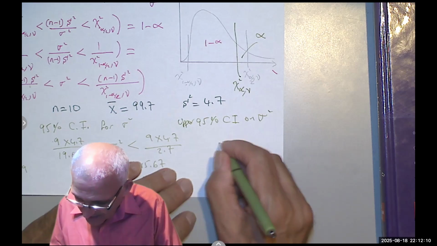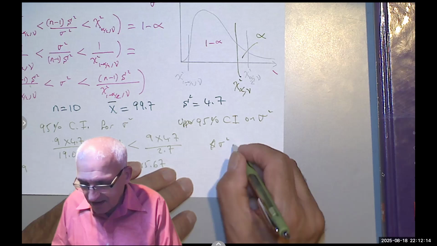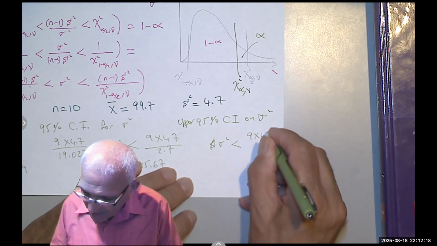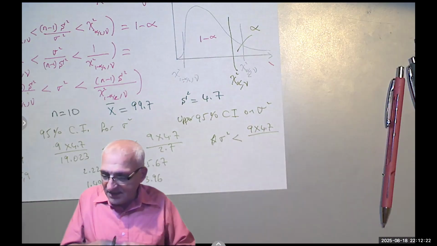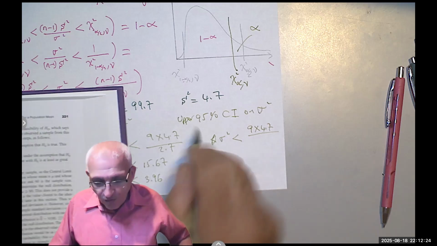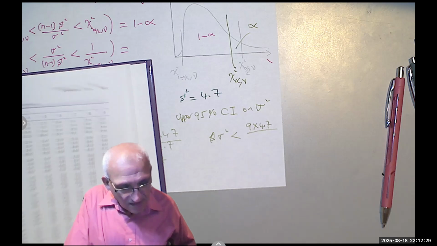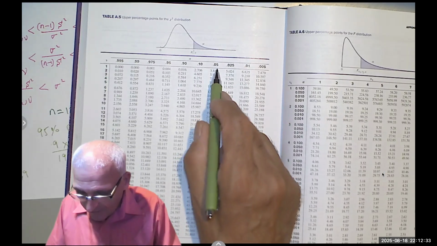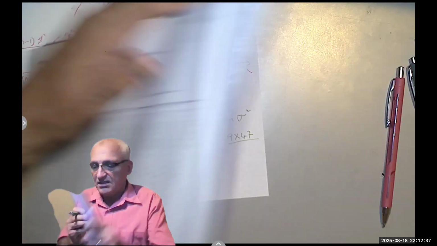So my sigma square would be greater than 0, so we don't write that, just less than a number. And this number would be 9 times 4.7, and then you divide by chi-square with alpha equaling 0.05, not 0.025. And that's basically, you go to 0.05 and 9, you get 16.919.